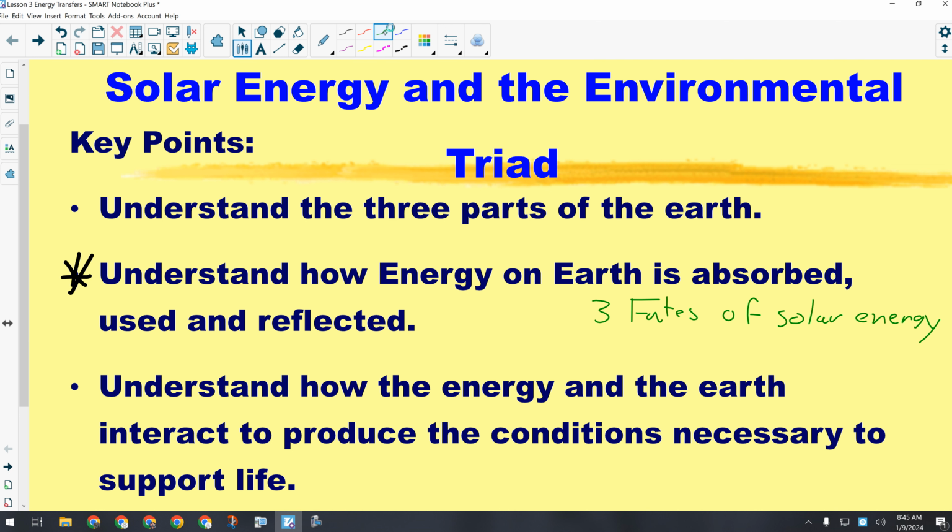Basically, all the energy that drives everything on Earth comes to us from that big bright orange thing in the sky. Now, when the light reaches us from the sun, three things can happen to it.